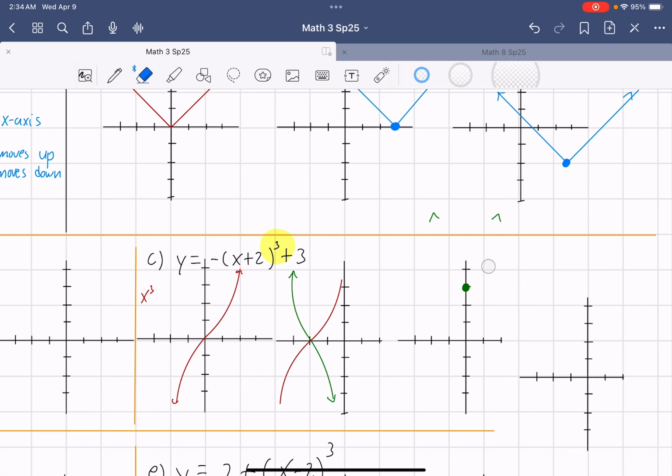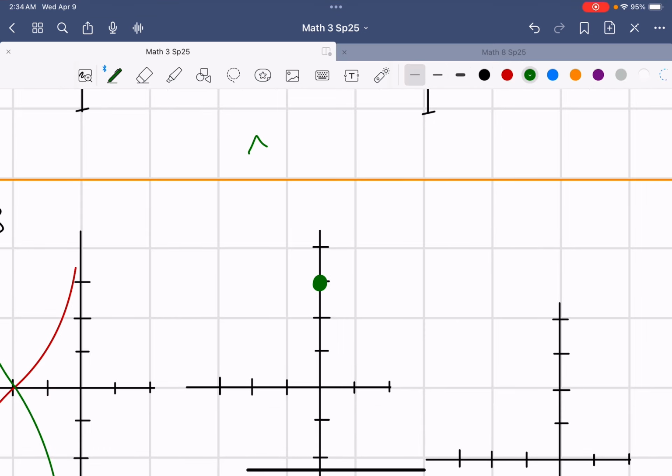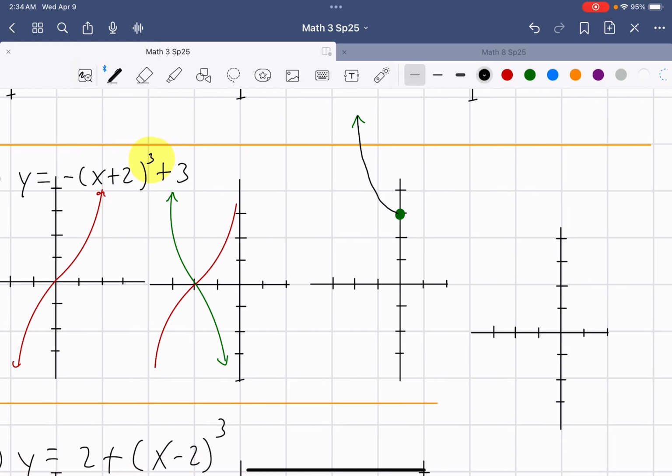Oh, it's not this side. It goes up 3, but this part of the graph comes down this way. And the next part comes down this way. So the graph shifted over 2 to the right. And then up 3.